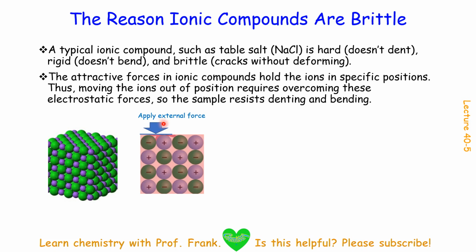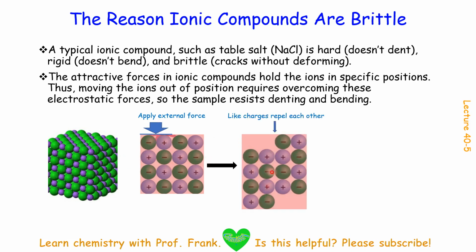If we apply external forces to ionic crystals, what happens? See those first two columns, they move down. But now let's take a look at those ions. Here, the arrangement of ions in this picture maximizes the attraction between cations and anions. That's why you see each anion is surrounded by several cations, and each cation is surrounded by several anions.